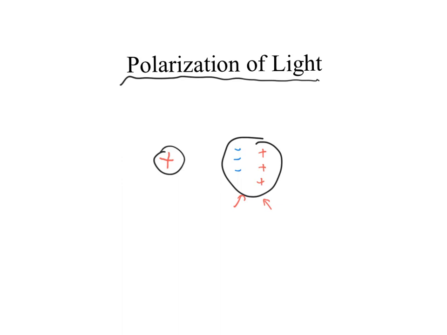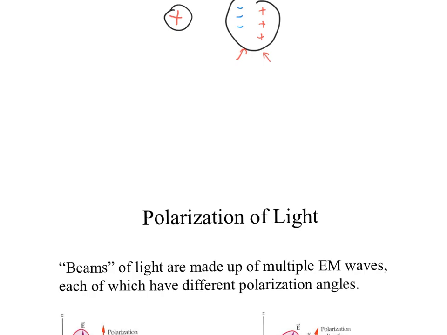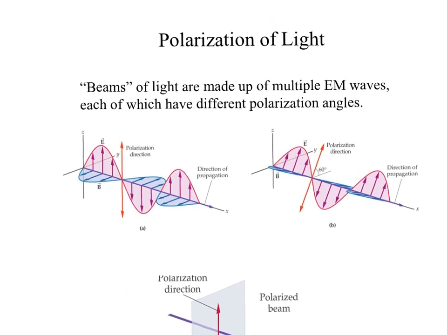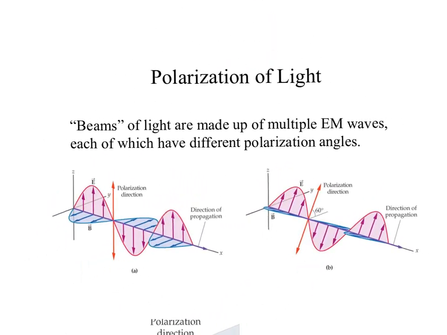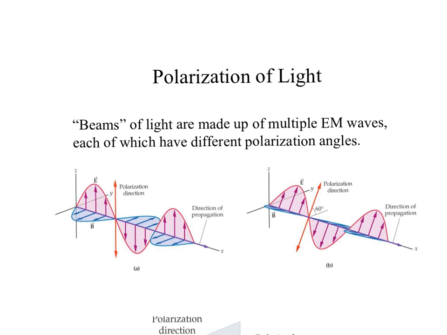The polarization of light is a consequence of the fact that light is an electromagnetic wave, which we mentioned earlier. If you have a beam of light, like those ideas of light coming in streams, like drawing the sun, it's made up of a whole lot of electromagnetic waves, all bundled on top of each other.